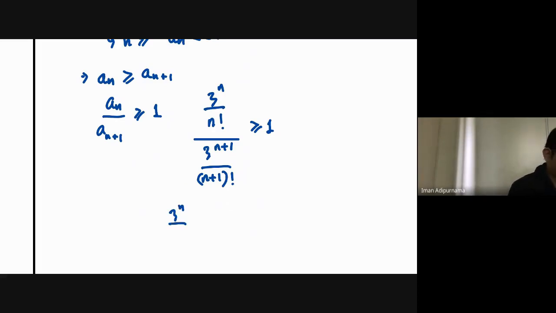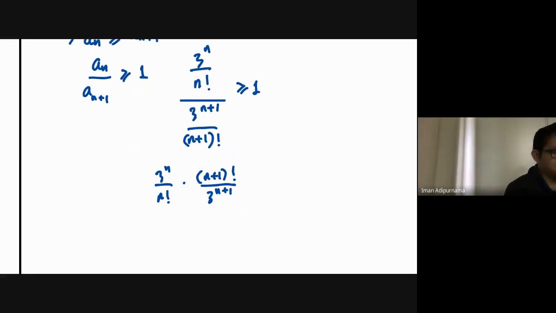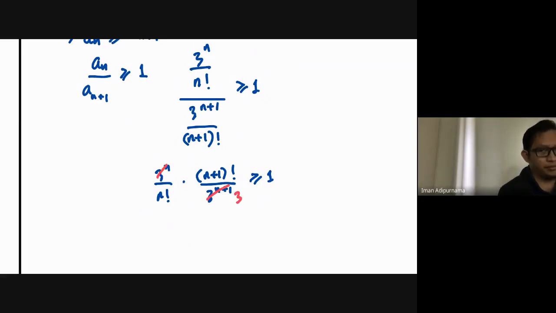Now we can solve this. So this will cancel, and the 3. And this will be canceled here. Okay. So it will be left with n plus 1 over 3.